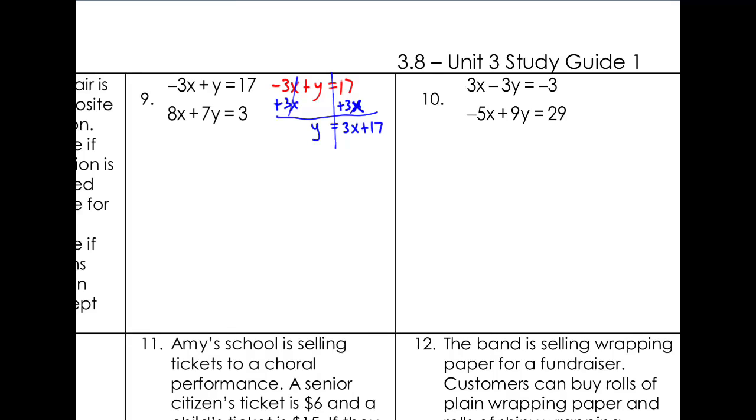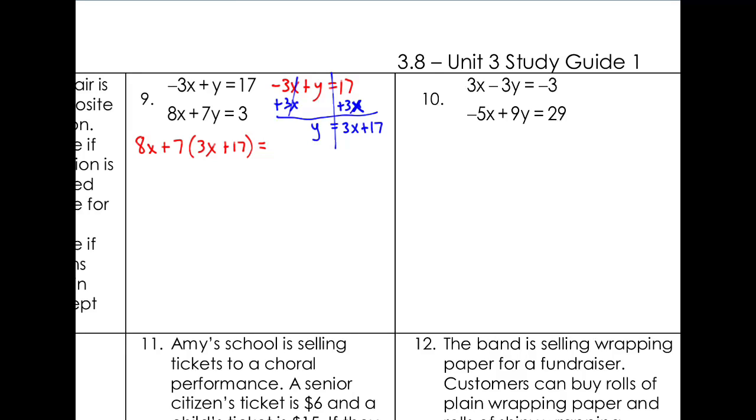And so let's do that. So we'd have 8x plus 7. I like to put my parentheses there to show where I'm going to put y. 3x plus 17.